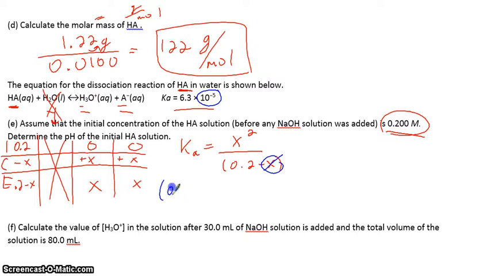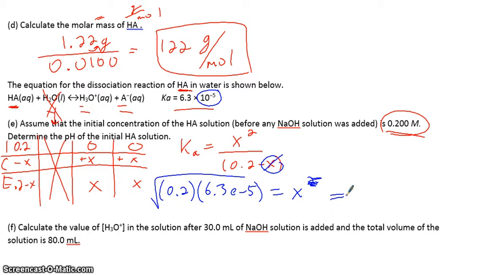We have 0.2 times our Ka, which is 6.3 × 10^-5, equals x squared. So square root this side to get rid of the square. Go ahead and try this. x turns out to be 0.00355 molar. That is the concentration of H+ or H3O+, because x is H3O+.